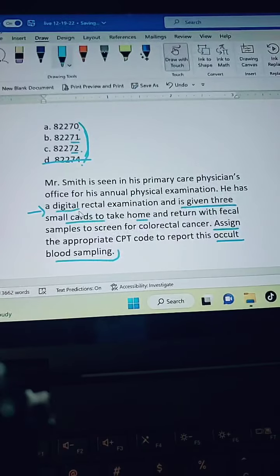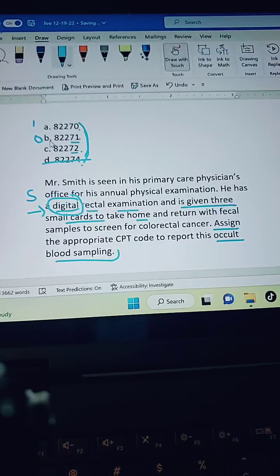So, digital rectal examination. Digital. Singular or plural? It's singular. This one means one. This one means by other sources. They didn't go into the tail end to get that.